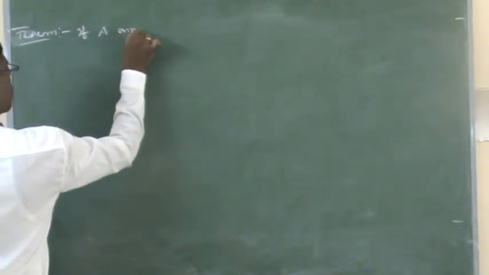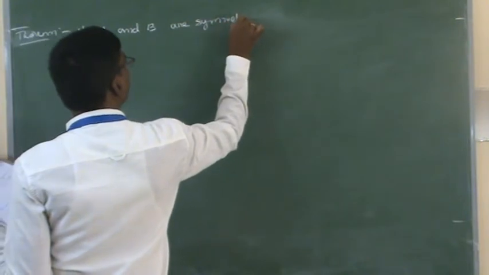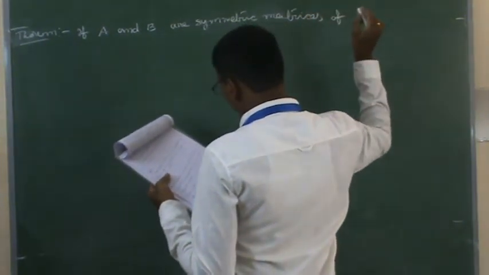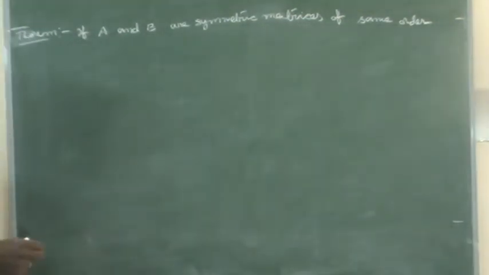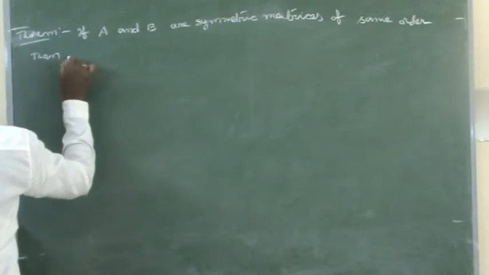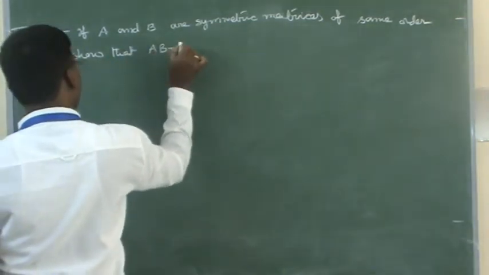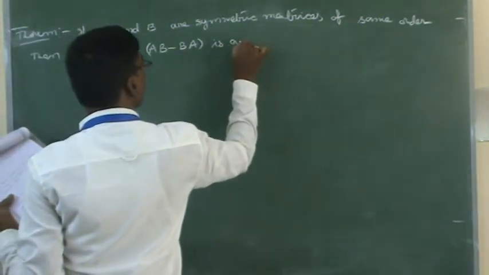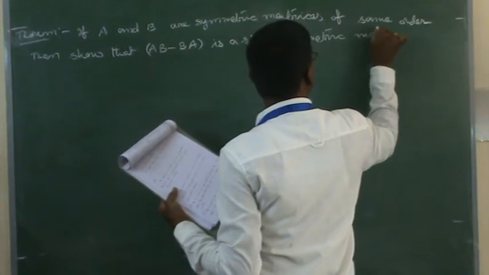If matrix A and matrix B are symmetric matrices of the same order, then show that AB minus BA is a skew symmetric matrix.